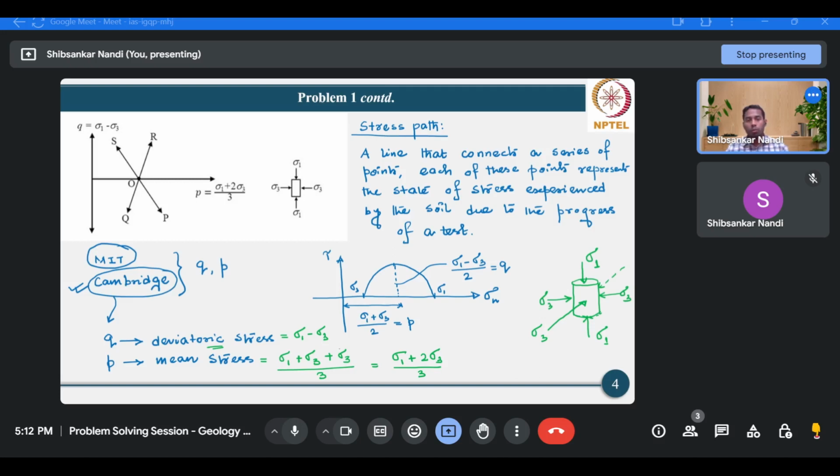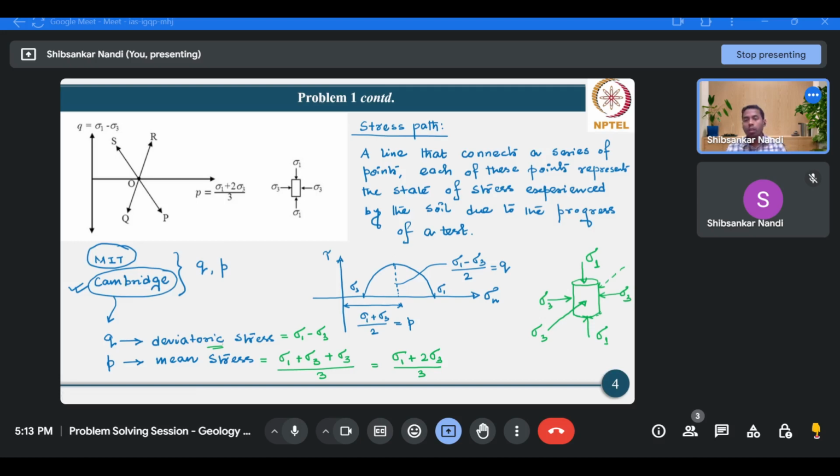In this case the minor principal stress and the intermediate principal stress are the same, sigma 2 equals sigma 3. However, in the case of a polyaxial test or true triaxial, sigma 1, sigma 2 and sigma 3 all will be different. In that case this expression will not be valid for the deviatoric stress. That is not part of our study, at least for this course.